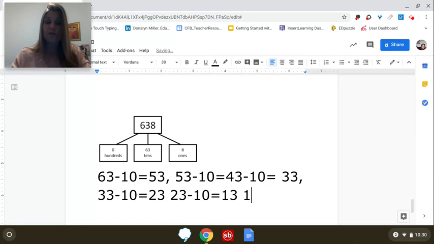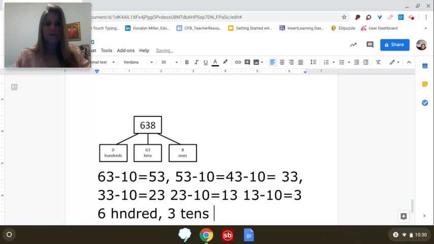And then I can take 13 minus 10, will give me 3. Now I can't go any further. But how many times did I do that? I did it 1, 2, 3, 4, 5, 6. That's 600. Three tens are left. And how many ones? 8 ones.